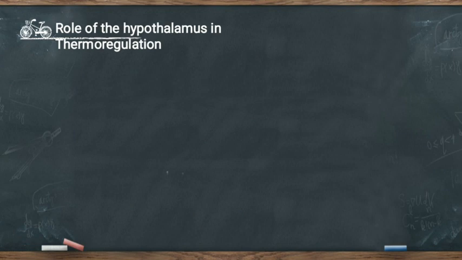And the posterior part of the hypothalamus is the heat gain center, and this is normally activated by nerve impulses from cold receptors in the skin, or a decrease in the core temperature. And the moment it is activated, this is what we call vasoconstriction.